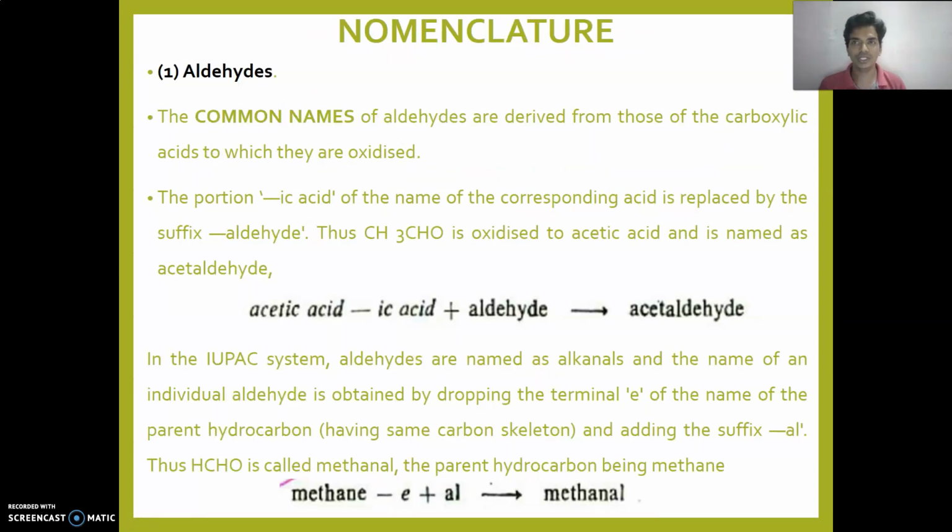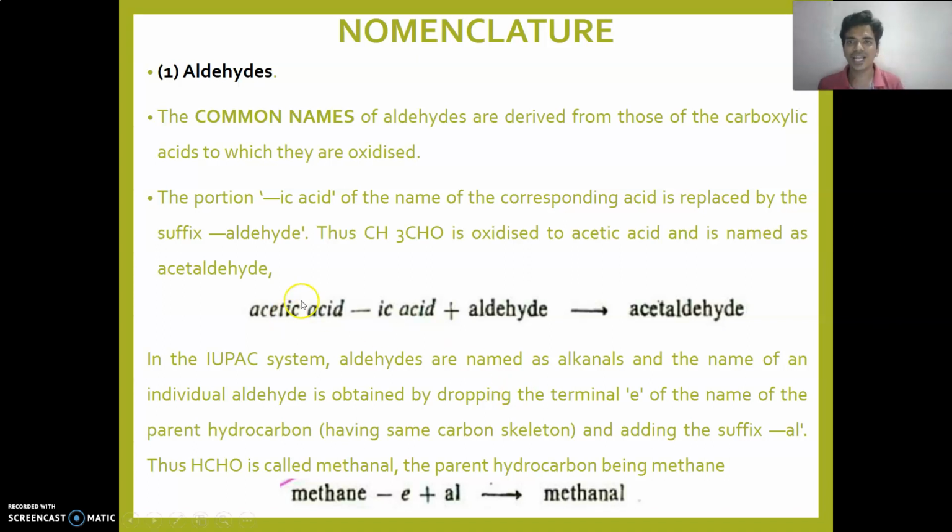Then nomenclature. The common names of aldehydes are derived from those of the carboxylic acids to which they are oxidized. We differentiate them by one reaction, that is, oxidation of the carboxylic acid.